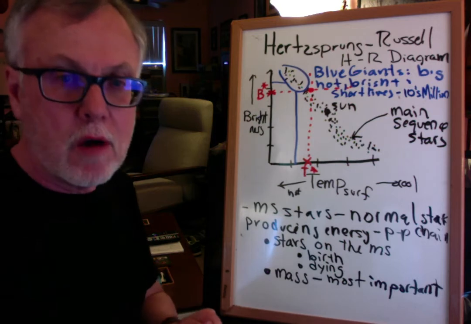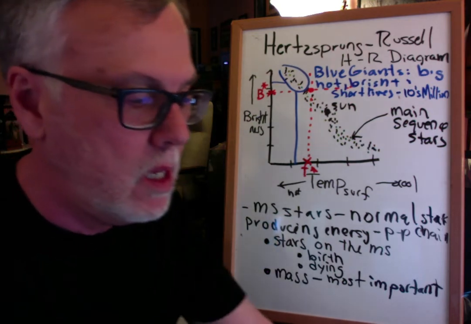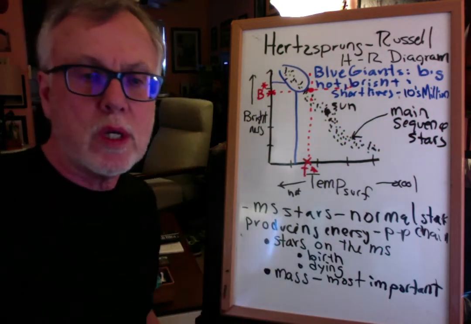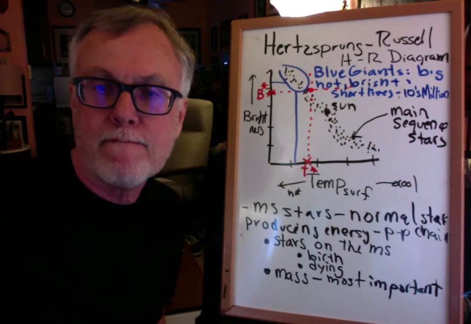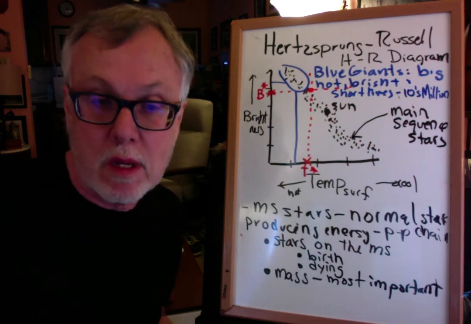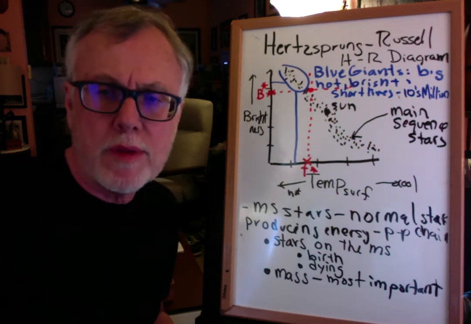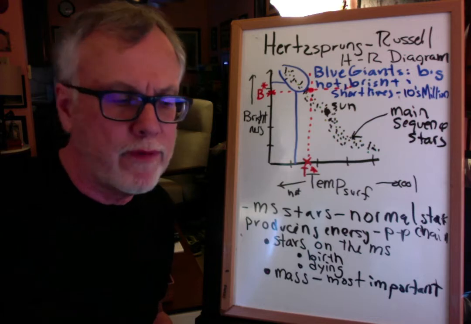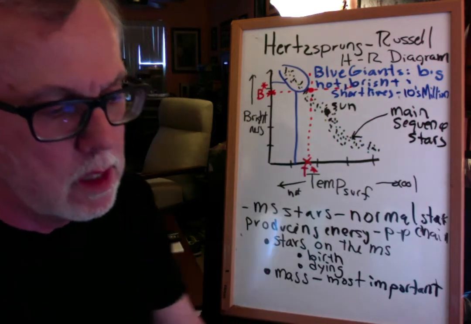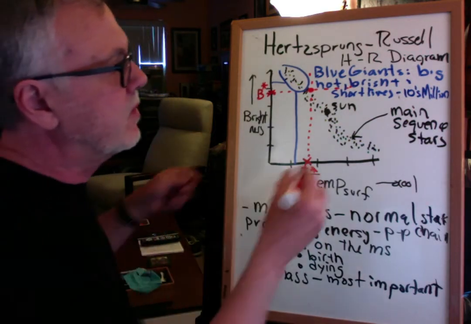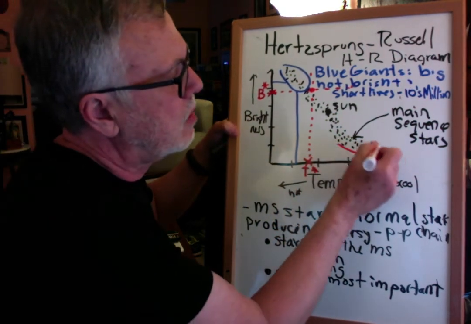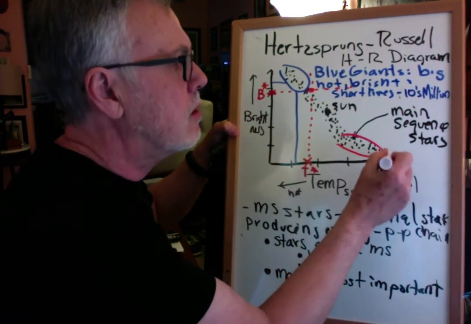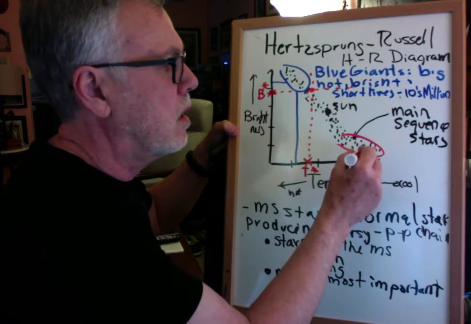Those stars are so bright, it turns out that when we look into the heavens, that's what we see primarily. But are they the most common stars? Well, we'll find out in just a moment. Now, when I look at the bottom of this, these stars are small stars.